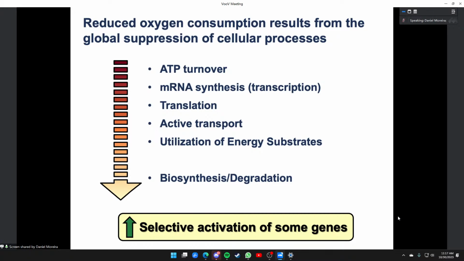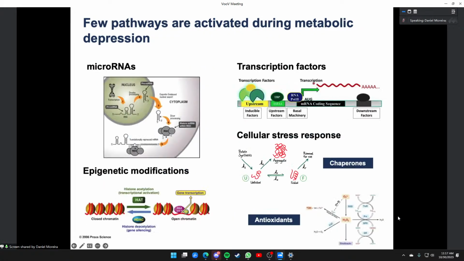In this scenario of global suppression of transcription, translation, and active transport, some genes are selectively activated. Without slides, we have microRNAs and epigenetic modifications as some upregulated pathways that help to suppress the energy expensive processes.